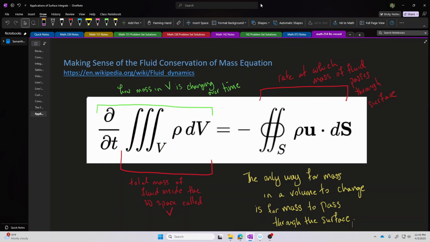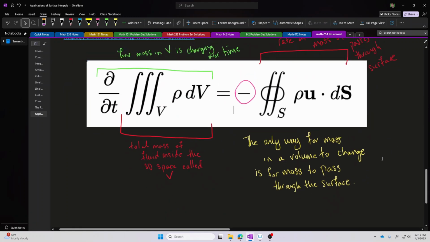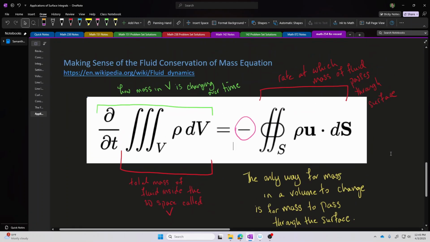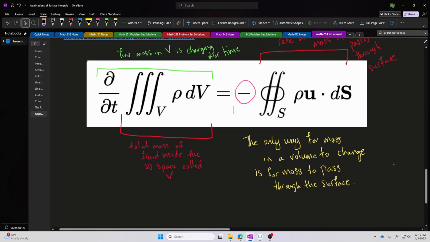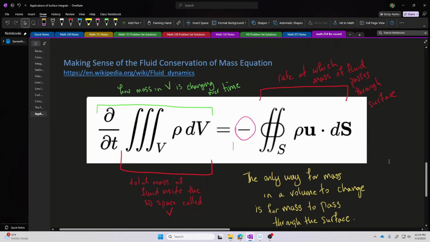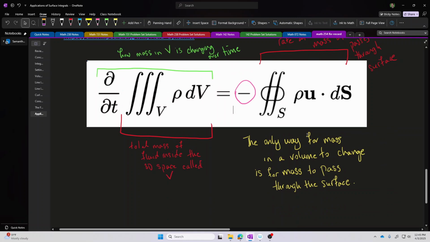Now, many students are curious what is going on here with this negative sign in the equation. And that just comes from the fact that, if you remember from our lesson on orientation of surfaces, we noted that by default, when you're dealing with an enclosed surface, the default orientation is outward. So by default, when you calculate a surface integral, outward flow through the region is considered positive.